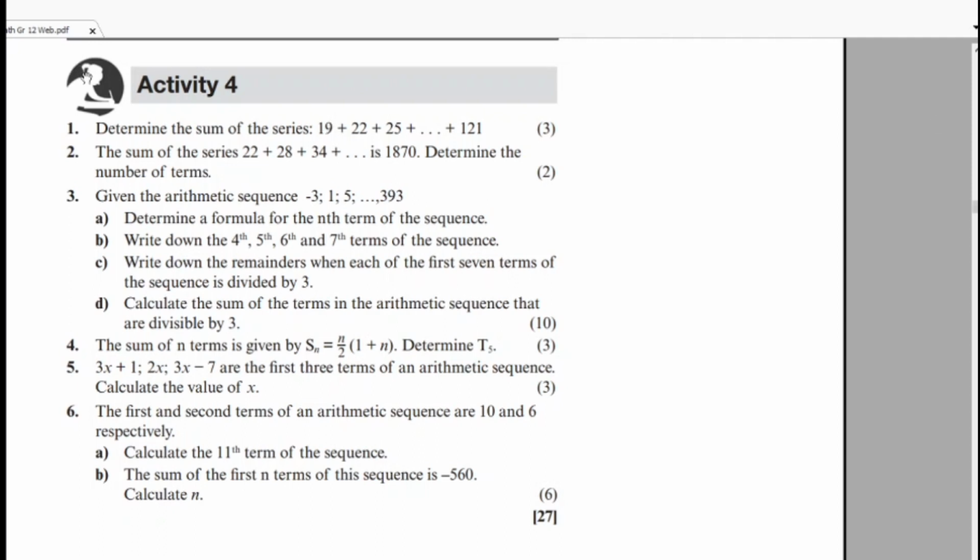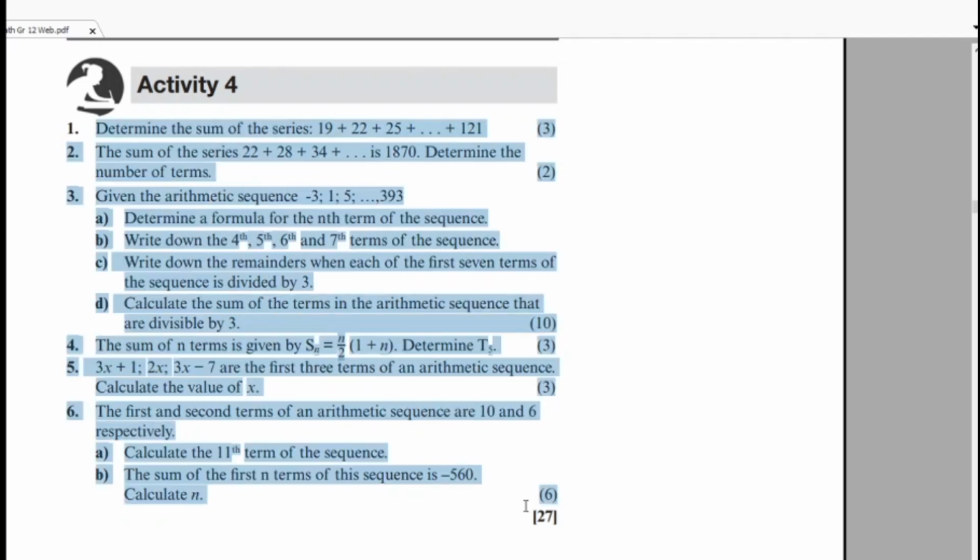Do the whole of activity 4. I will send you a PDF file or a picture with these questions. Do them as your homework, and if you come across challenges you can ask me, and then we discuss where you are stuck, right? So do this on your own, right?